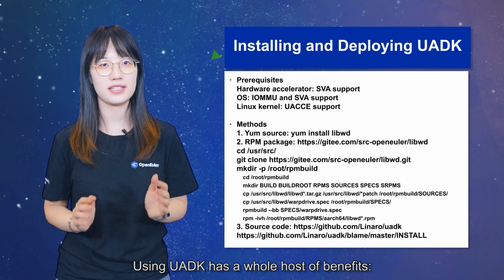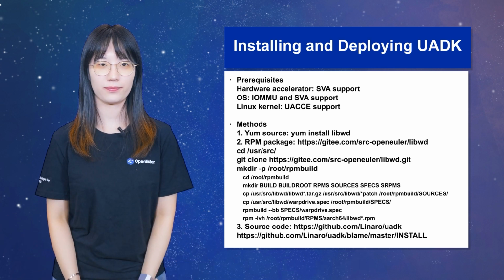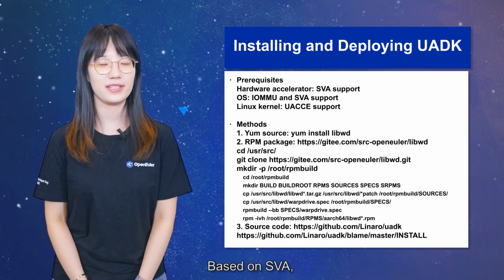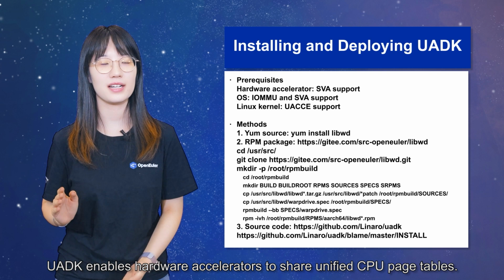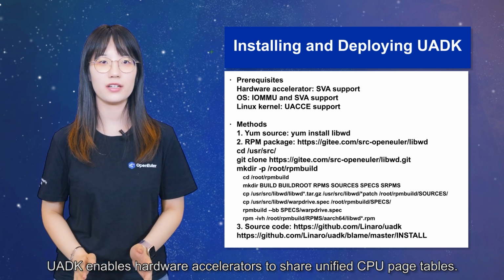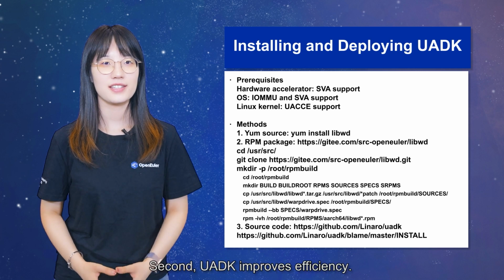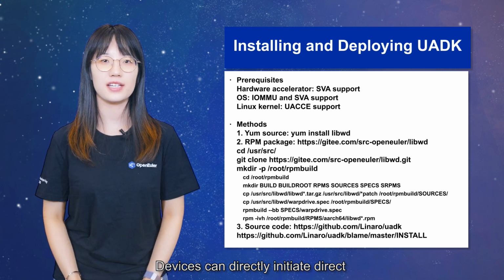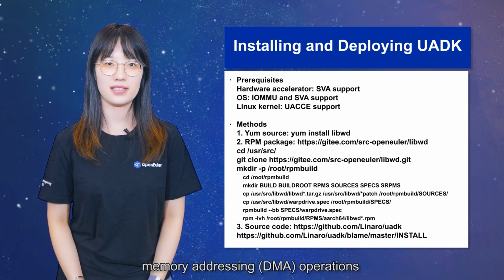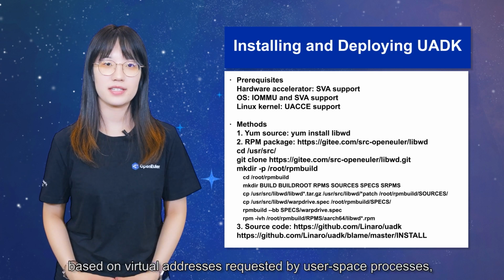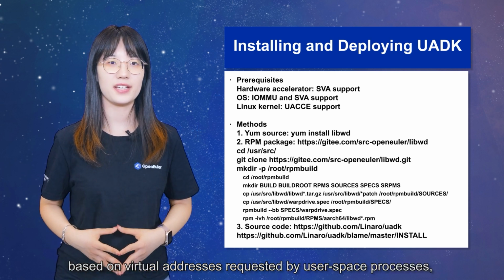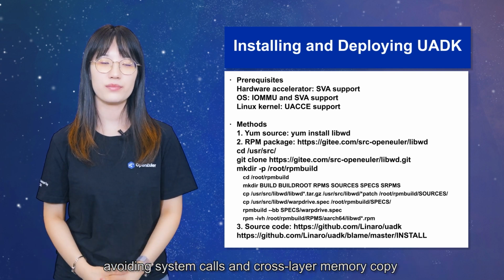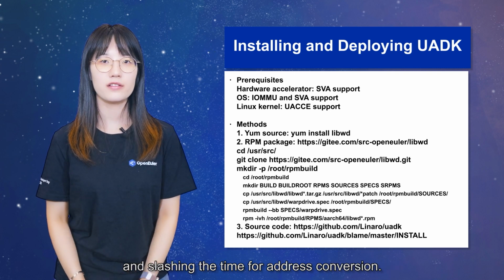Using UADK has a whole host of benefits. First, UADK provides a unified channel. Based on SVA, UADK enables hardware accelerators to share unified CPU page tables. Second, UADK improves efficiency. Devices can directly initiate direct memory addressing DMA operations based on virtual addresses requested by user space processes, avoiding system calls and cross-layer memory copy, and slashing the time for address conversion.